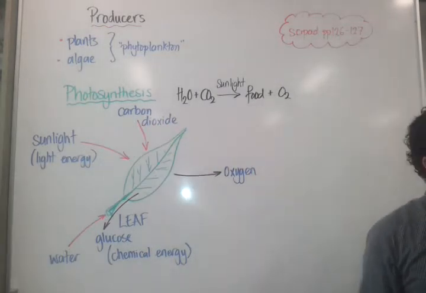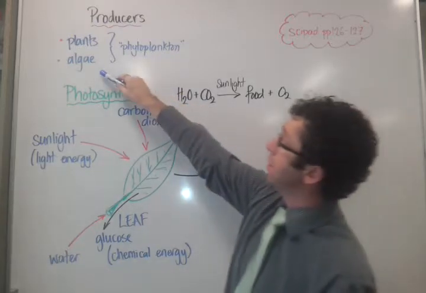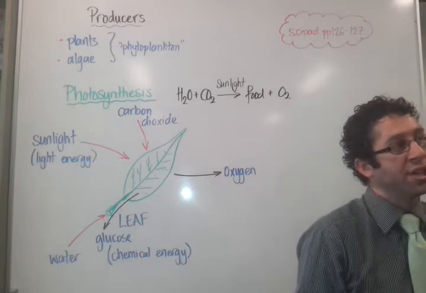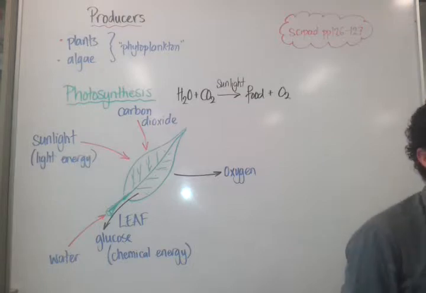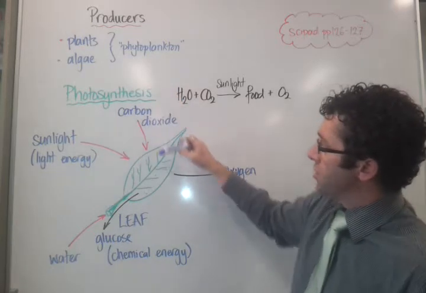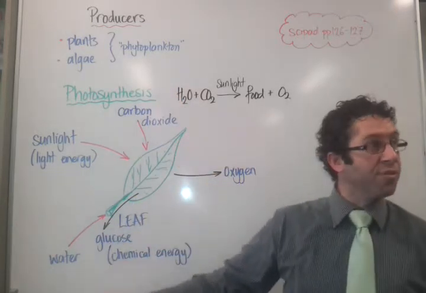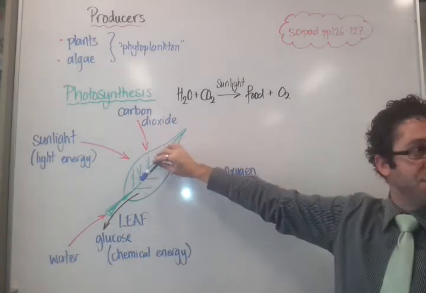And it happens, if we're looking at plants, in the leaves. In these tiny ones, algae and phytoplankton, they're only made up of 1 or 2 cells usually. So they're really tiny, so it happens in all of their cells. It's the only way that they can actually function. What they do is they take carbon dioxide in from the air, they take water in up through their veins, so from the soil, and they get sunlight coming into their leaves as well.